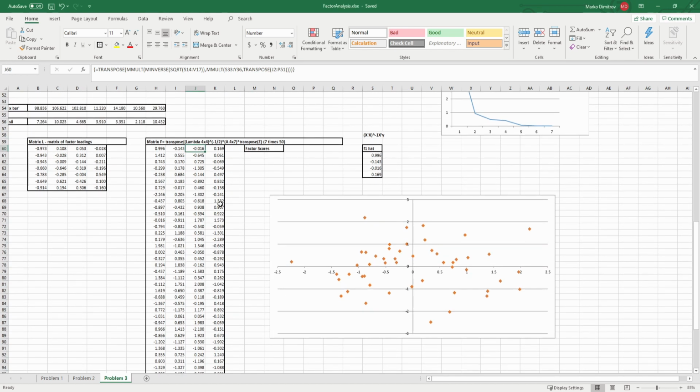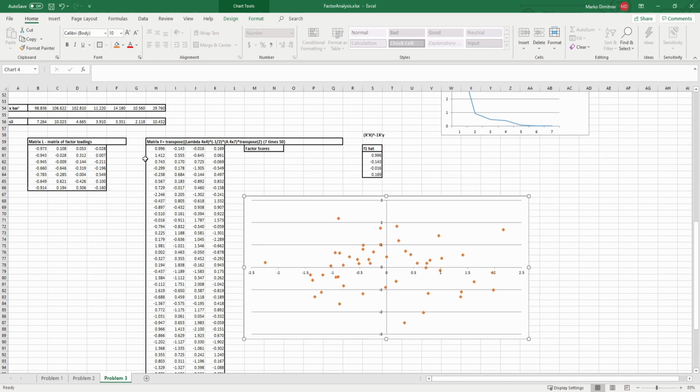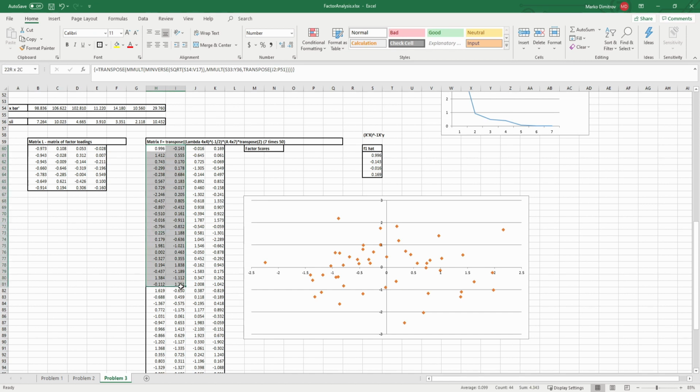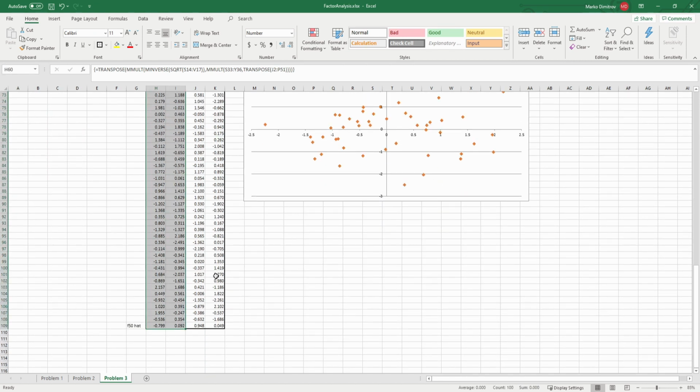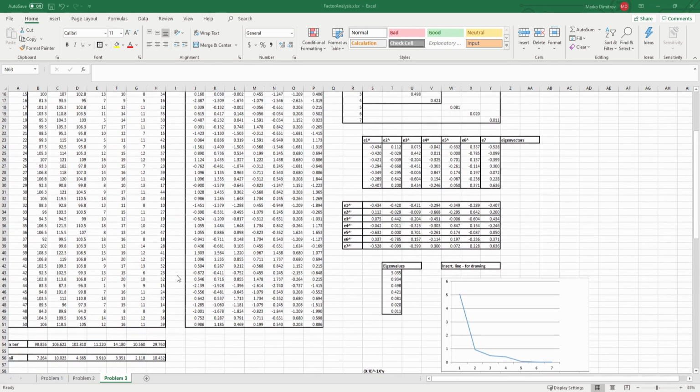And then we can extract some information from these factor scores, same as with the principal components. You can draw plots and see how they behave, what the values are and similar. This is a plot of only the first two factors. So this is it for the factor analysis.